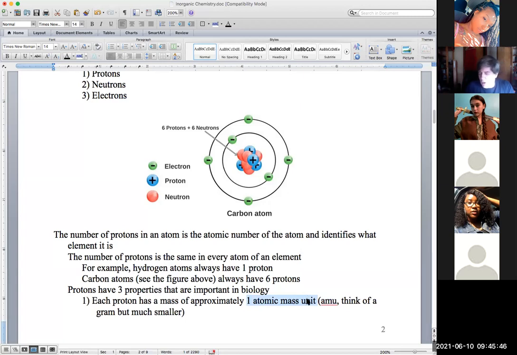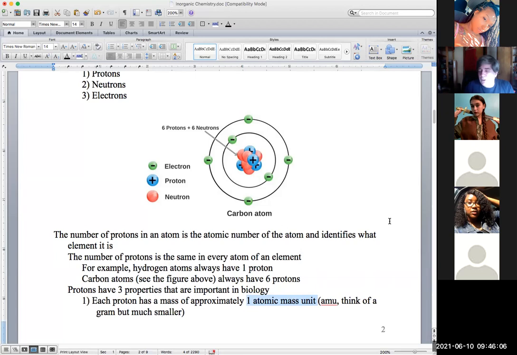So their mass is almost exactly the same as that of a proton. Neutrons typically have a mass that's just a little bit higher, like 1.0005. So not much, but a little bit. So we just round it off and say 1 atomic mass unit.